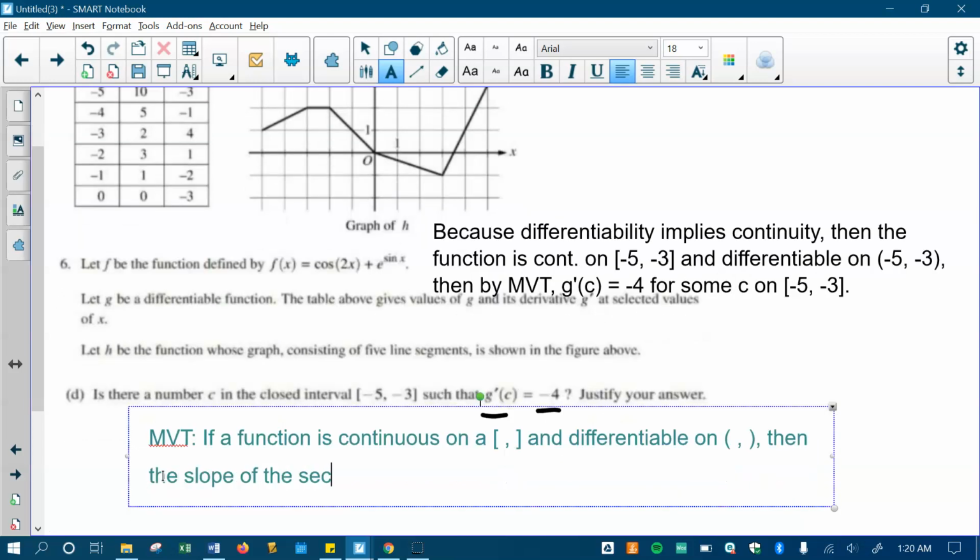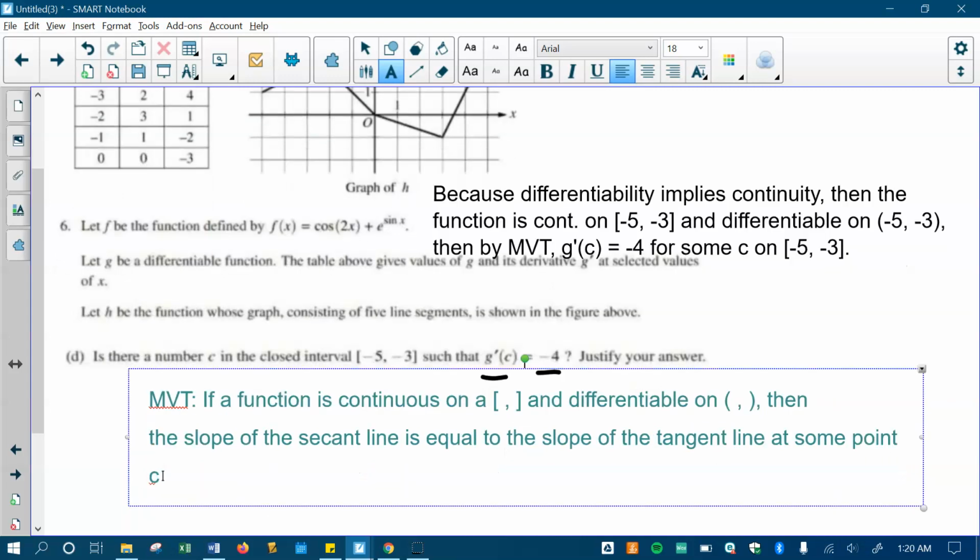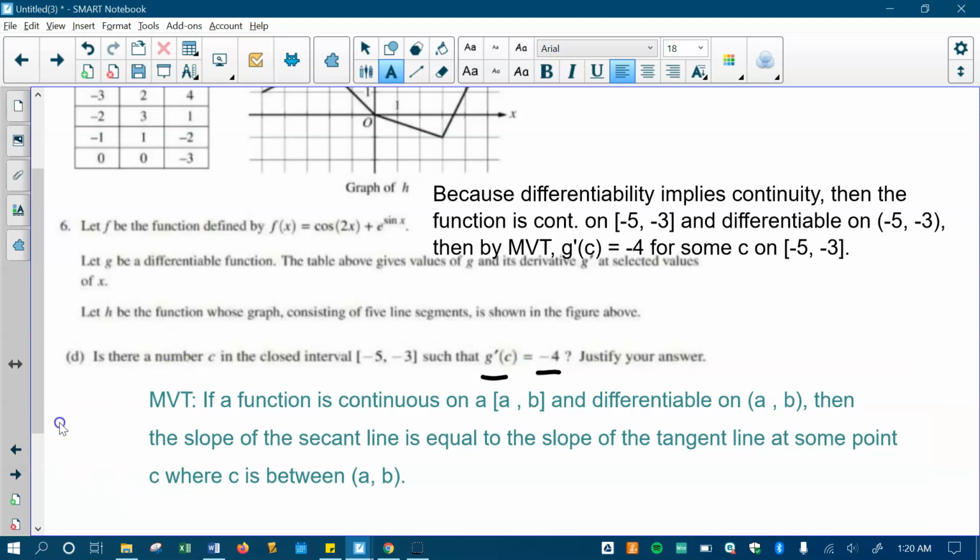So the mean value theorem states that the slope of the secant line is equal to the slope of the tangent line.